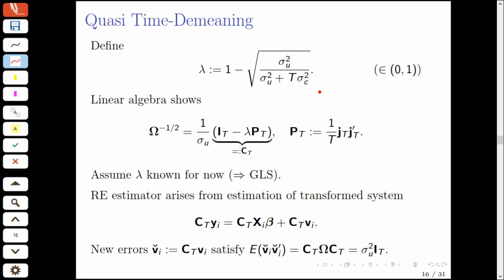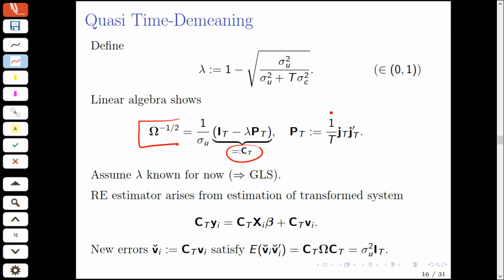Now one may show, using linear algebra, which I'm brushing over here, that the inverse of the root of the omega matrix can be written in the following form. Namely, it is proportional to a matrix, which we'll call C_T, given by the T-dimensional identity minus lambda times this P_T matrix, where P_T is short for 1 over the number of time periods times a T by T matrix of ones.